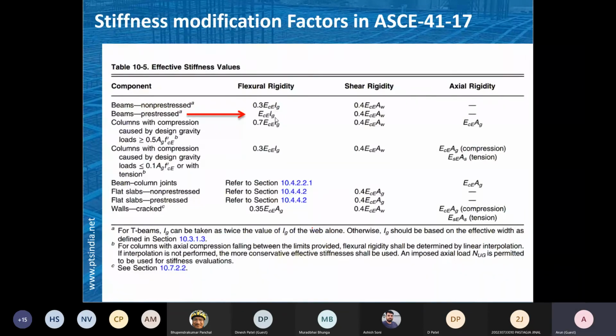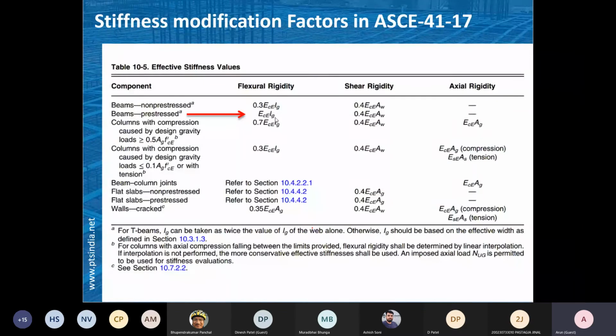But for beams with pre-stressing, they suggest going with the 100% gross value, 1 times that I G. So there are certain benefits of having this pre-stressing in your beams.